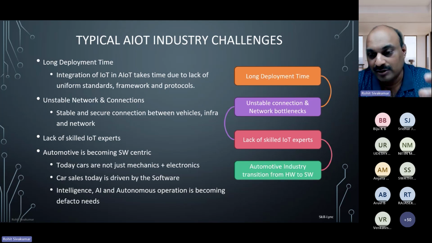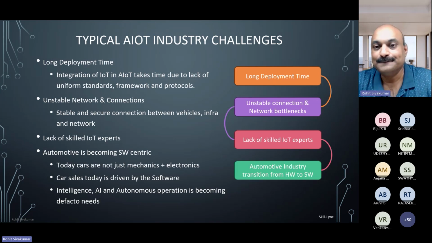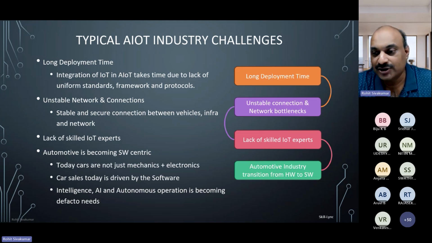Similarly, your choice of protocol for interaction between the car's sensors has a significant role in latency control and real-timeness. And today, automotive is more about software-centric features which enable car sales, which means you need a lot of IoT experts in the market, who understand not just the software part but also the firmware and the hardware behind it, and use the right tech stacks to make sure meaningful data is utilized to enable sales and customer experience.